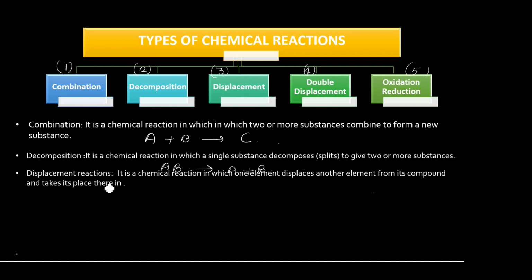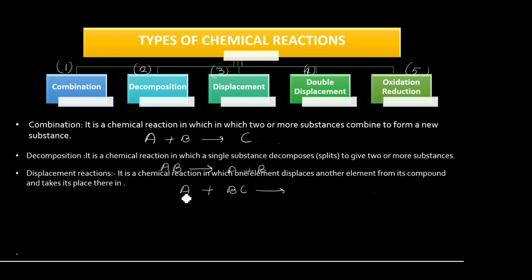Next is displacement reaction. It is a chemical reaction in which one element displaces another element from its compound and takes that place. It depends upon the reactivity of the metals. For example, A is a reactant, and BC is also a reactant.